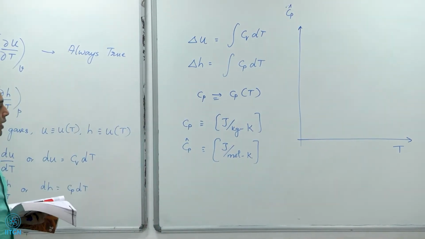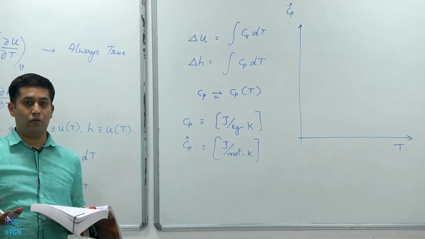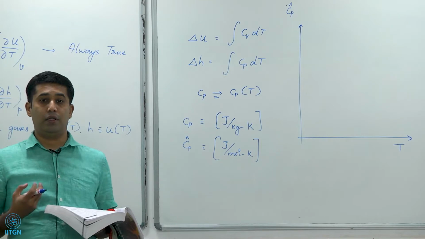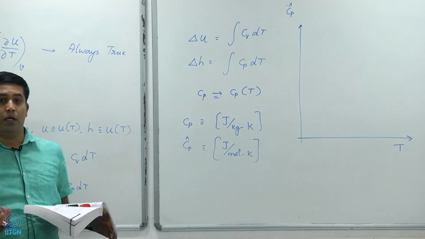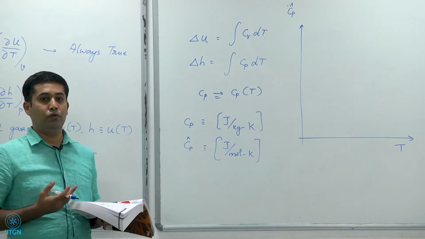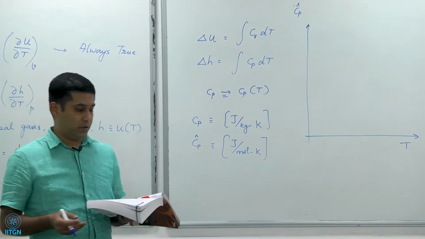It's easy to plot that when you want to compare different gases. It's usually better to draw Cp cap instead of Cp because they all have different molecular weights, and so the graph might not look very easy to compare if we do a simple Cp comparison. So we are doing a Cp cap comparison, right?